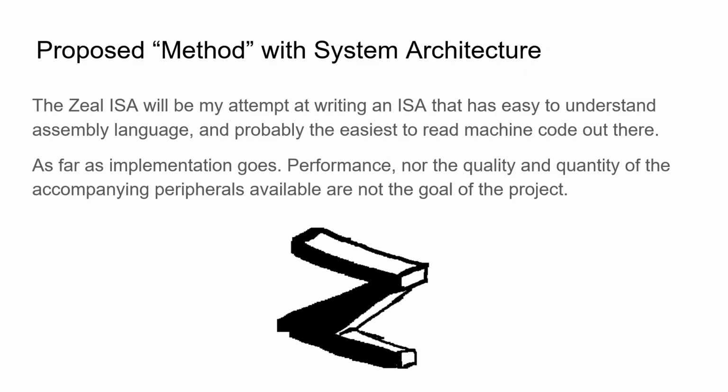Okay, now about the system architecture. Proposed system architecture. I want an easy to understand assembly language and the easiest to read machine code. I want someone who wants to read and understand this architecture to have an easy time writing assembly language.